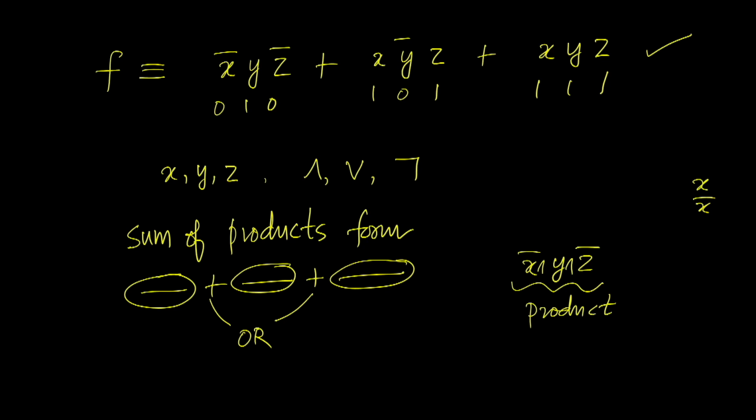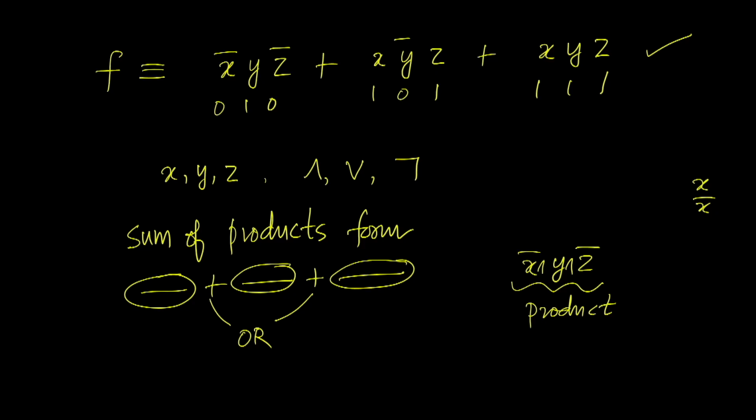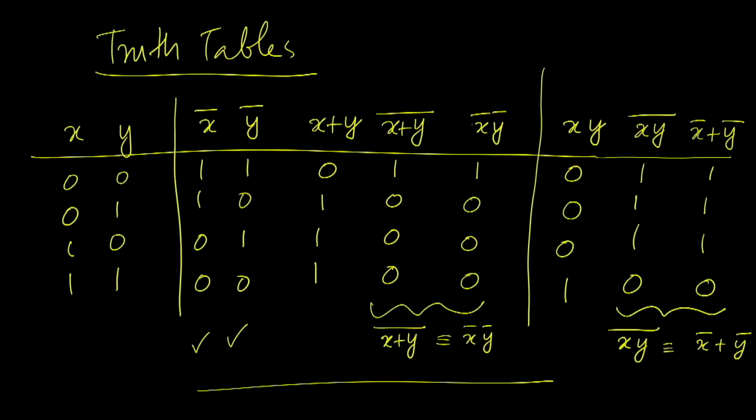If any one of them is true, then the function evaluates to true. So what we want to say is that the function is true if and only if at least one of these 3 terms is true. So for any Boolean assignment, at most one of them will be true. So we want to say that f is true if and only if exactly one of them is true. That can be expressed using an OR of all these terms. That is why we call this a sum of products form. Therefore, given the truth table of a Boolean function, we can write the sum of products form of the function.